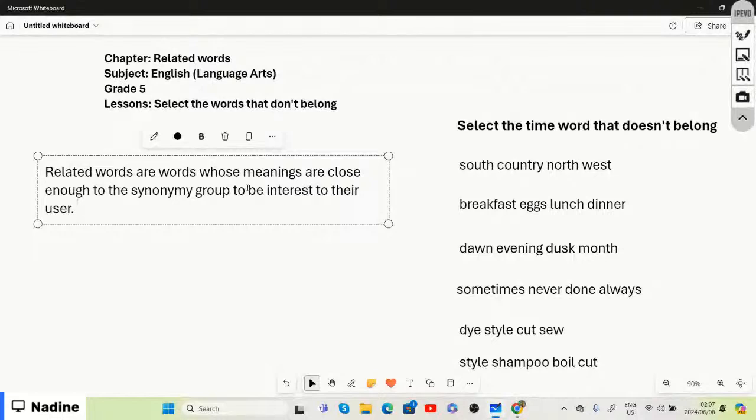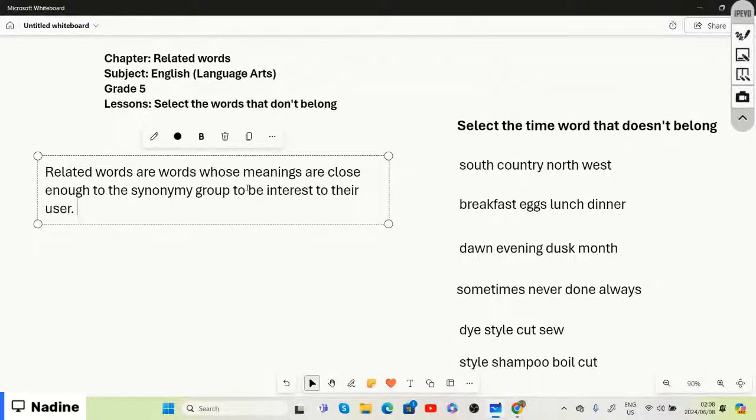So related words are words that you can basically put in a specific group. They come from the same group, or are categorized under the same heading.